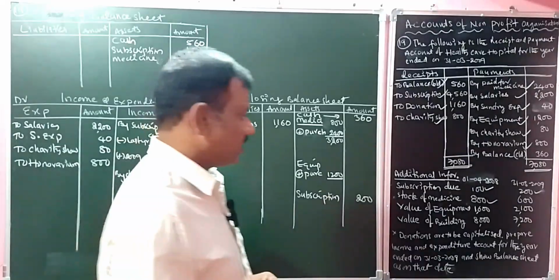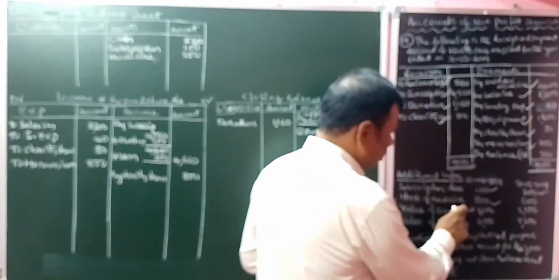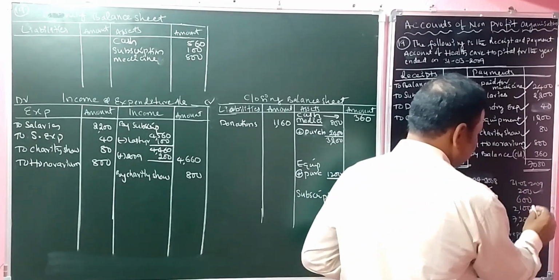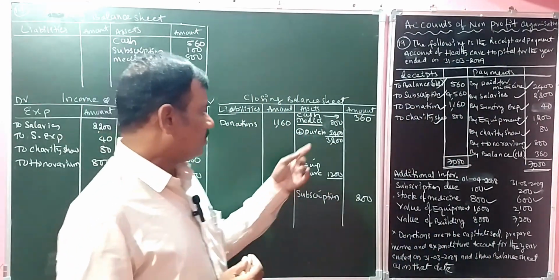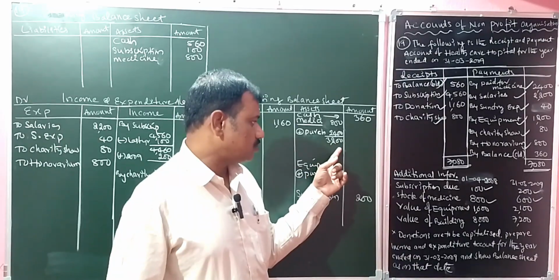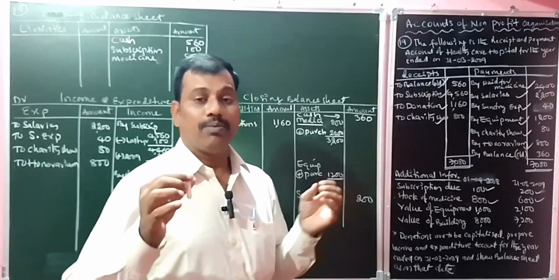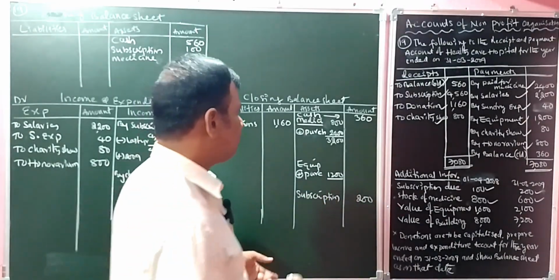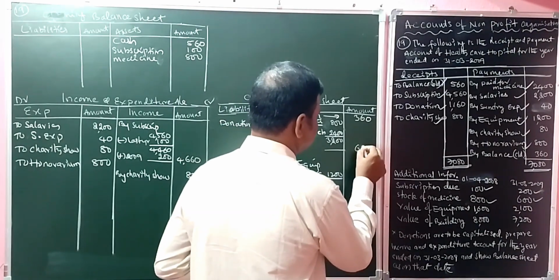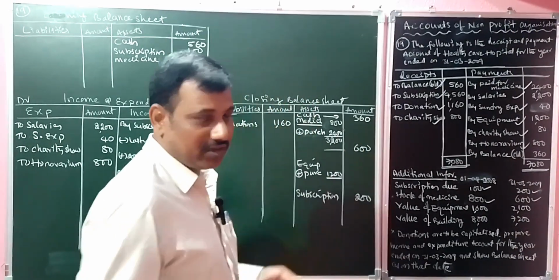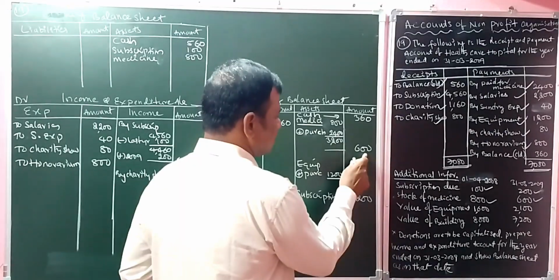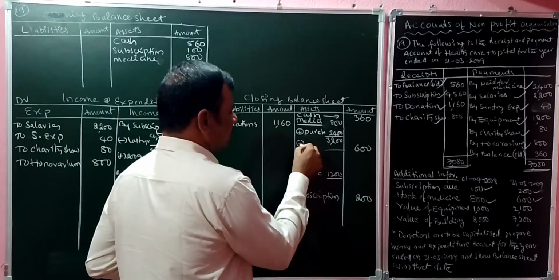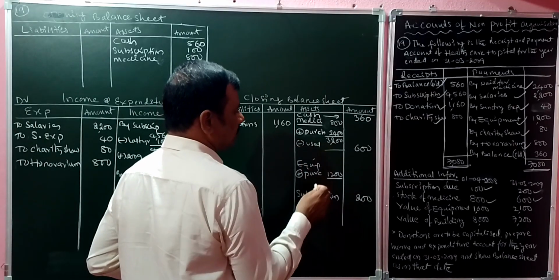Okay, so right. Next, stock of medicine on 31st March 2009 is 600 rupees, given. So present medicine value is how much? 3200. On closing date, that medicine becomes only 600. What happens? The remaining value is used. So 3200 minus 600, that is minus used value, 2600.